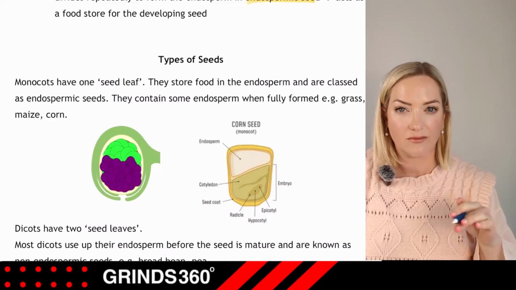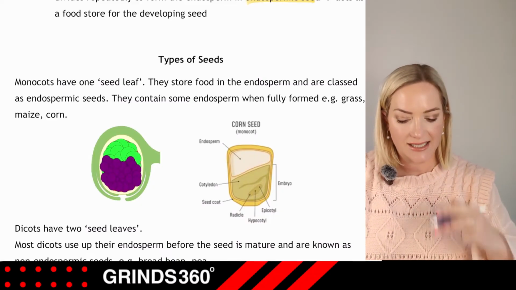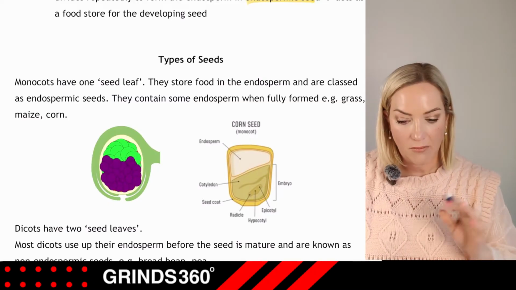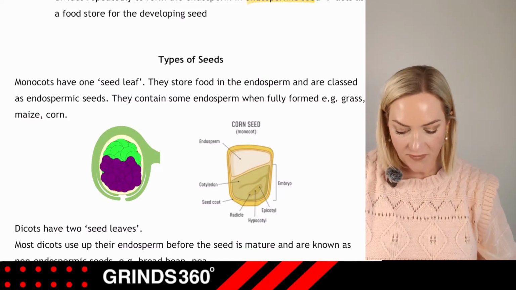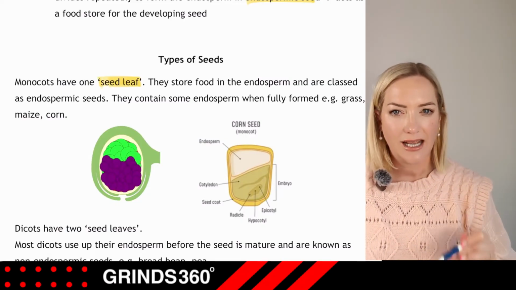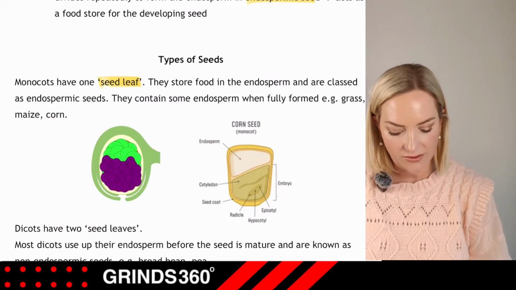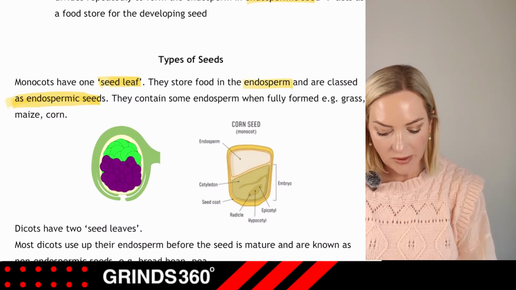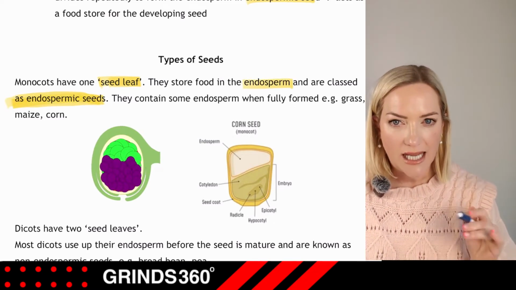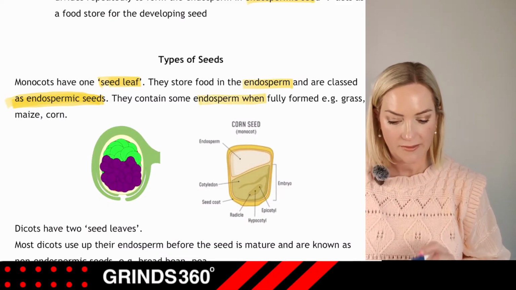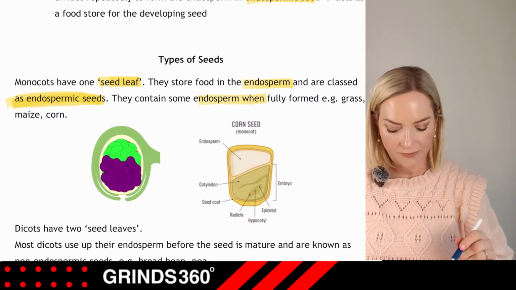So now we're going to look at the difference of seed type within a monocot and a dicot. Monocot means one seed leaf if asked. Our monocots are going to store the food in the endosperm, and they're classified as endospermic seeds. What does that mean? That means they contain some of the endosperm when they're fully formed.